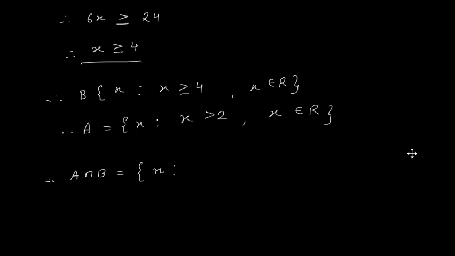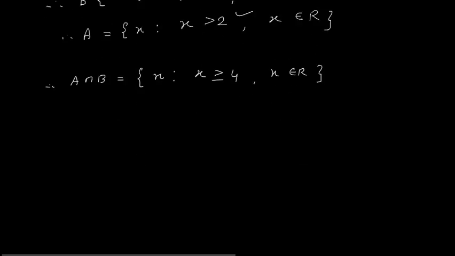Now it should be common to both. So in first we see that x is greater than or equal to 4, and second we see that x is greater than 2. So what is common? All the elements which are more than or equal to 4 are common, because that will be valid here as well as valid here. So I will say that therefore A intersection B is set of all x where x is greater than or equal to 4 and x belongs to real number.